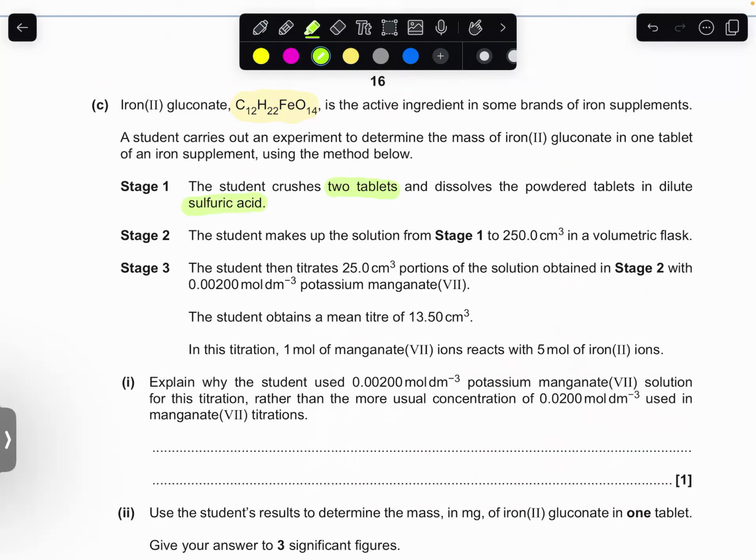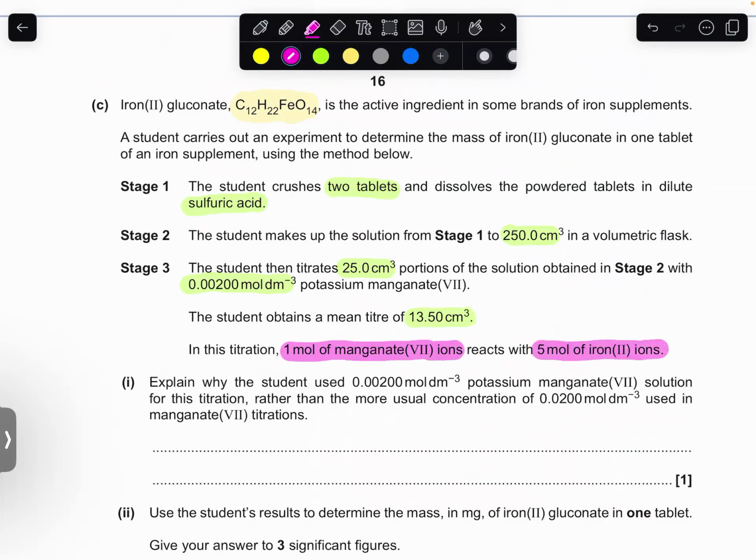Out of that volume, this much is titrated with manganate, and this is the volume that was used. In the information, 1 mole of manganate ions reacts with 5 moles of iron 2 plus ions, a 1:5 ratio.